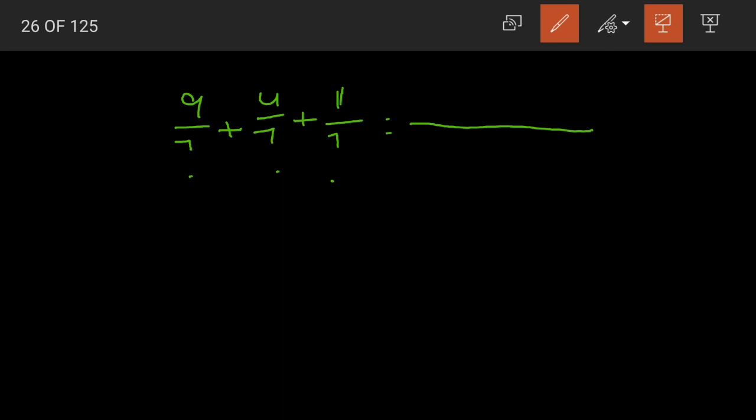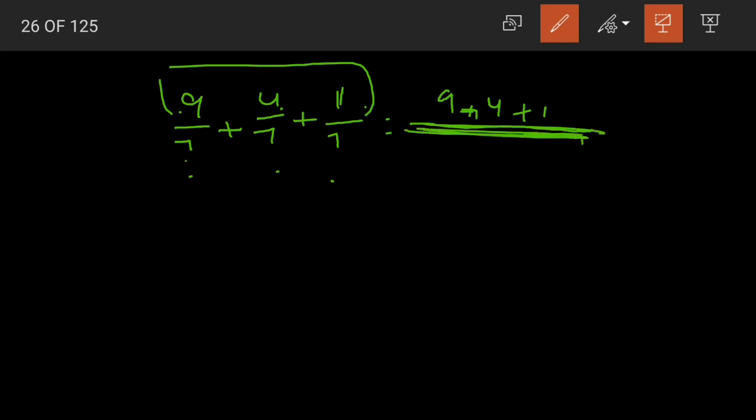In the sum, the numerator will be the sum of the numerators 9 plus 4 plus 1. And what about the denominator? All the three are having the same denominator. What is that same denominator? 7. So we will write the same denominator for the sum as well.